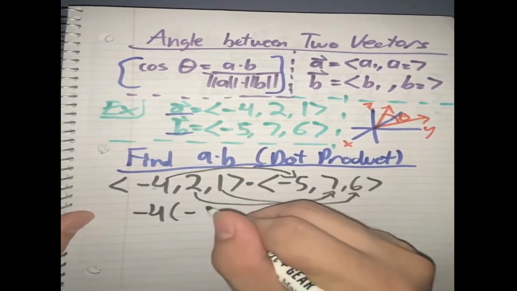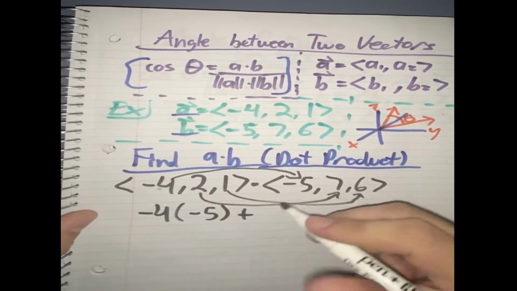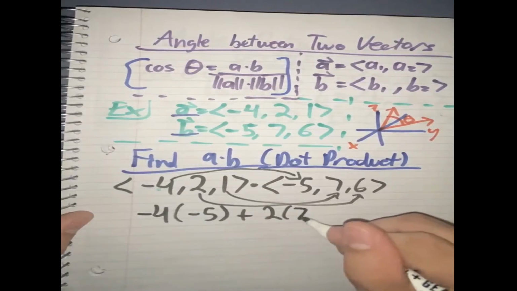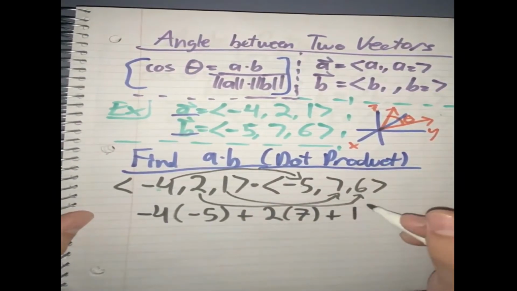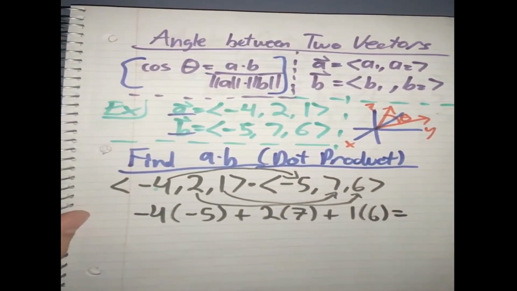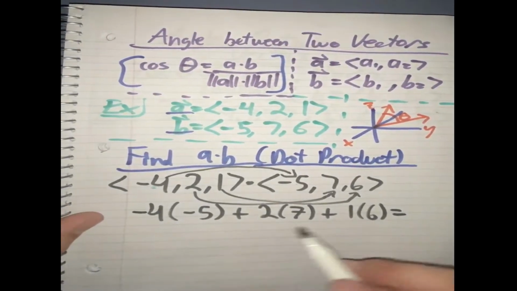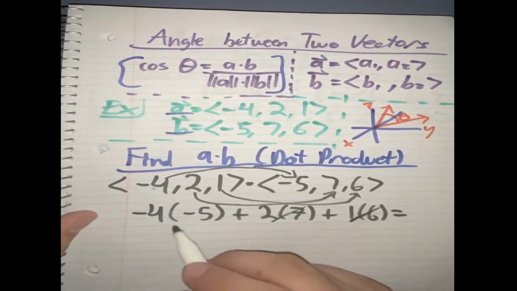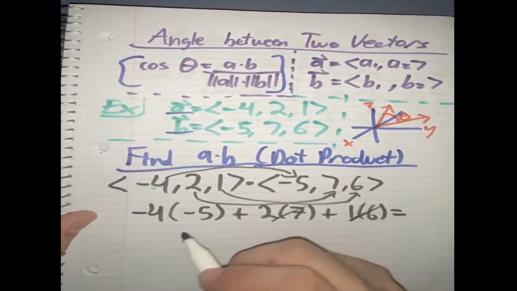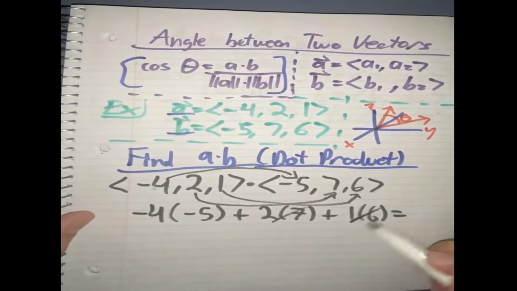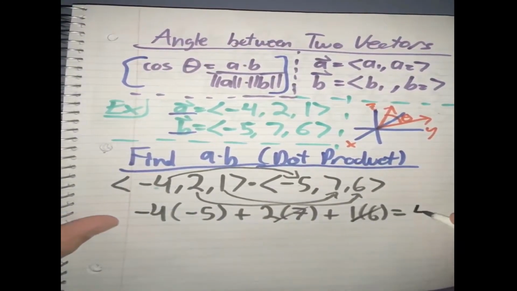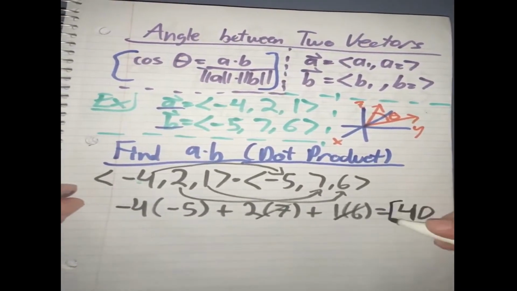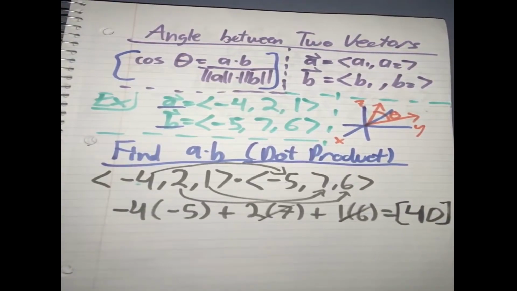So 4 times -5 plus 2 times 7 plus 1 times 6. That gives us -20 plus 14 plus 6. Oh no, this is +20, sorry. So +20 plus 14 plus 6, and we get 40. Now we have our dot product, and I'm going to put brackets around it because we are going to come back to it later.